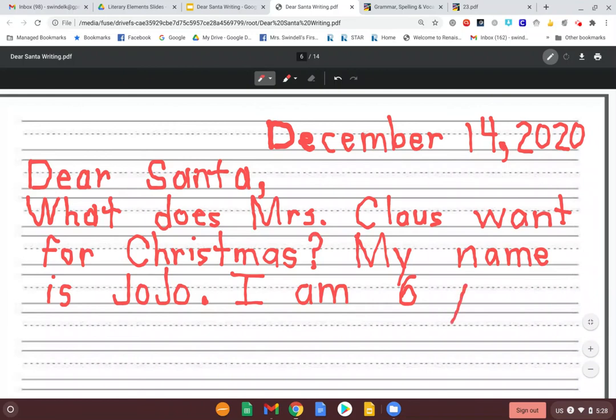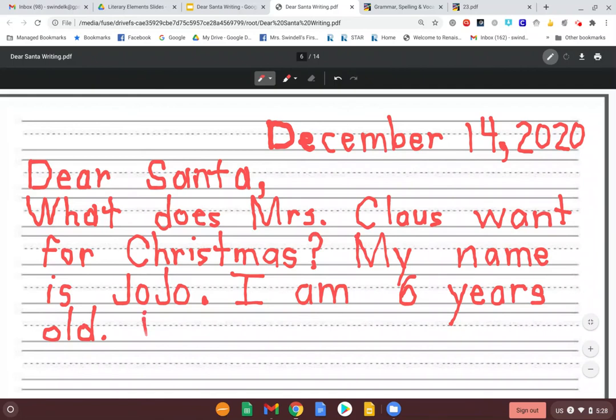I am 6 years, and that's an S because you're more than 1 year old. That's more than one. I am 6 years old. Now, of course, I am not going to send this to Santa because JoJo is not a real person. But this is how it would look if you're writing a letter, a friendly letter. So we have the date, we have the greeting, we have our question, and now we're introducing ourselves. My name is JoJo. I am 6 years old.